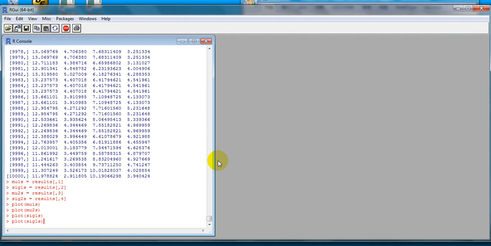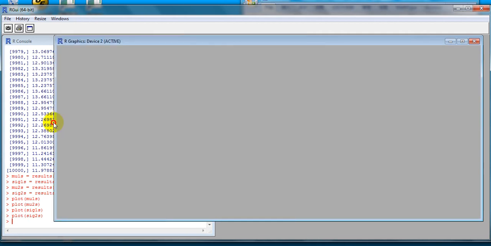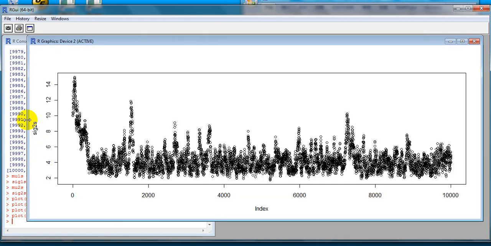We can check sigma 2. Okay, see, the same thing here. After the Markov chain becomes stable, converges to the limiting distribution, the most density is around 2 to 4. Although at the beginning, when sigma 2 starts from 10, it actually increased a little bit, but then it realized that's not the correct way to go and it decreased.